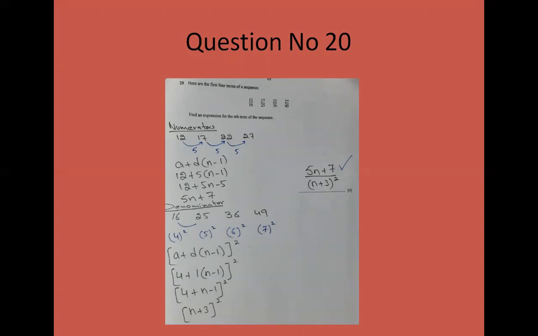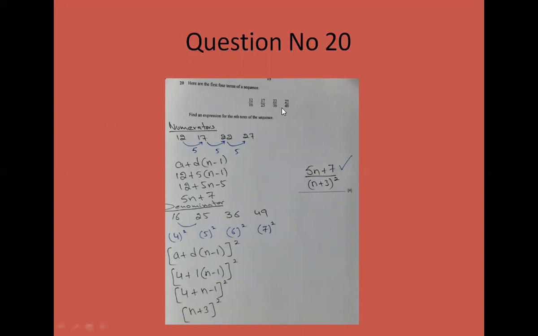So the first term is 12 plus d, which is 5, into (n minus 1). So you will have 12 plus 5n minus 5, so you will have 5n plus 7. So the nth term for the numerator will be 5n plus 7.